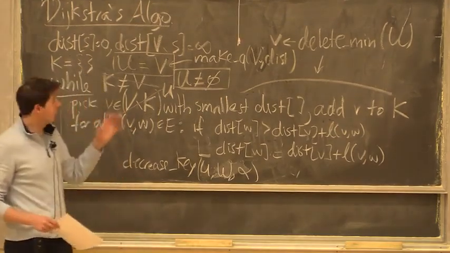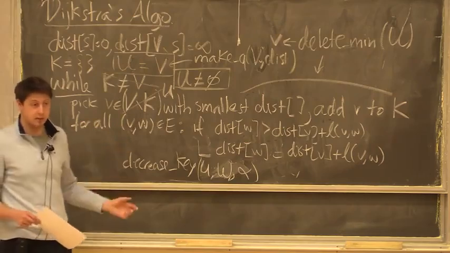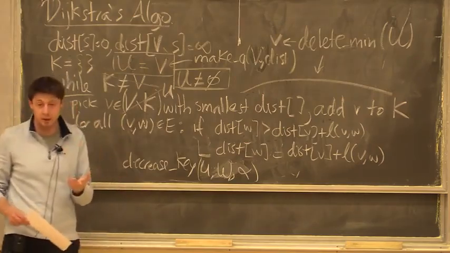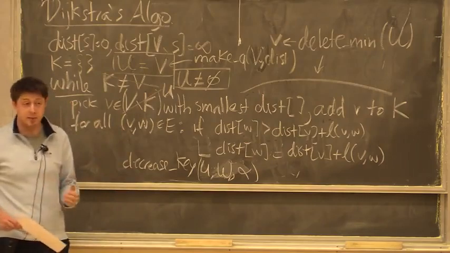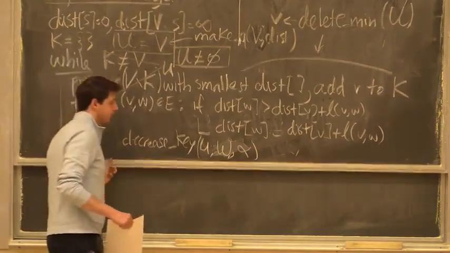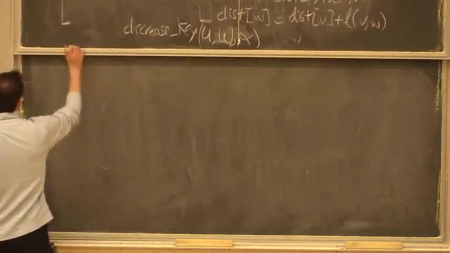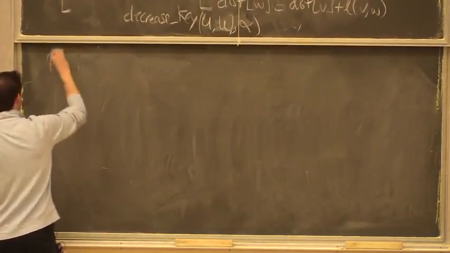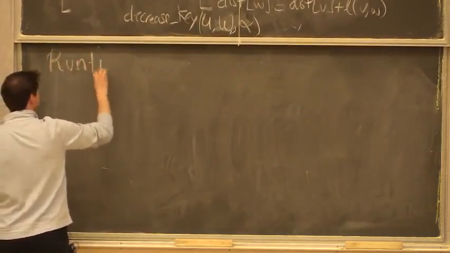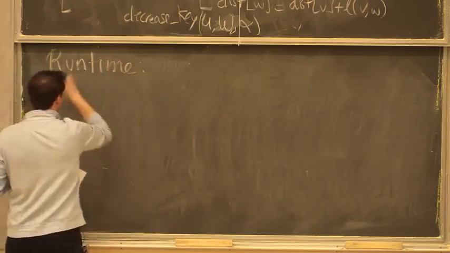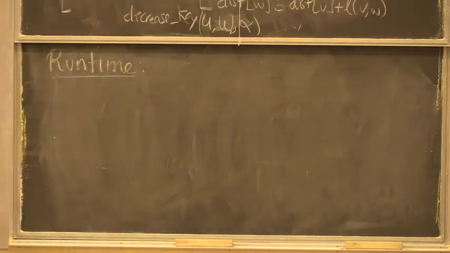So now that we have an actual data structure underneath, or at least something more concrete, we can think about the running time of this algorithm. Because we have a data structure, we should be counting how many invocations of each function we make.